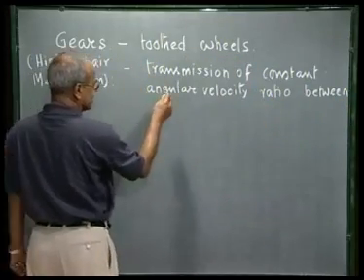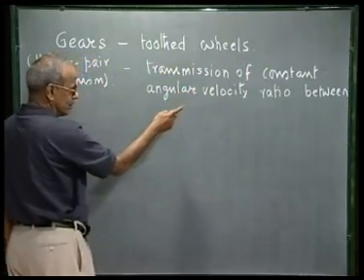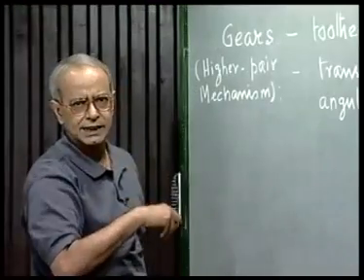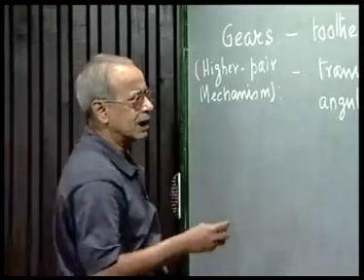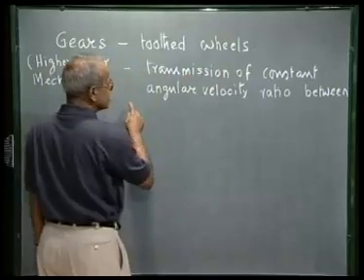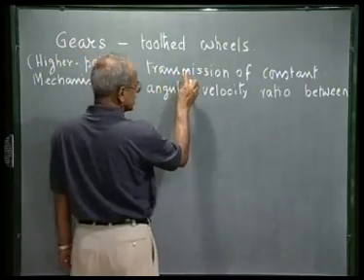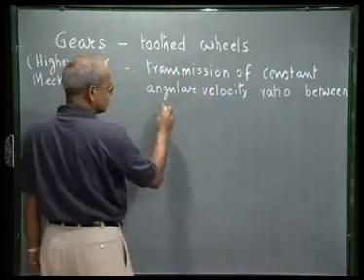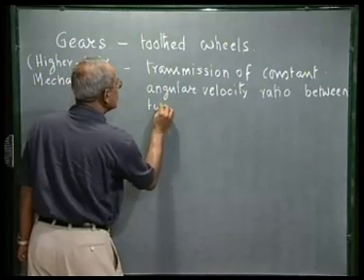Actually, a pair of gears is used. One gear is mounted on one shaft, let us say the input shaft, and the other gear is mounted on the other shaft, that is the output shaft. So, a pair of gears is used to transmit a constant angular velocity ratio between two shafts.